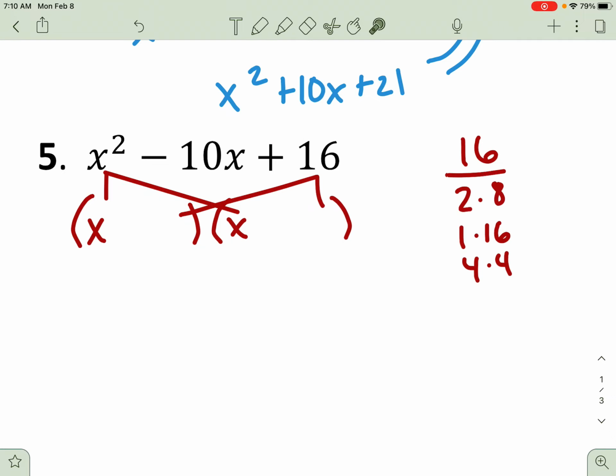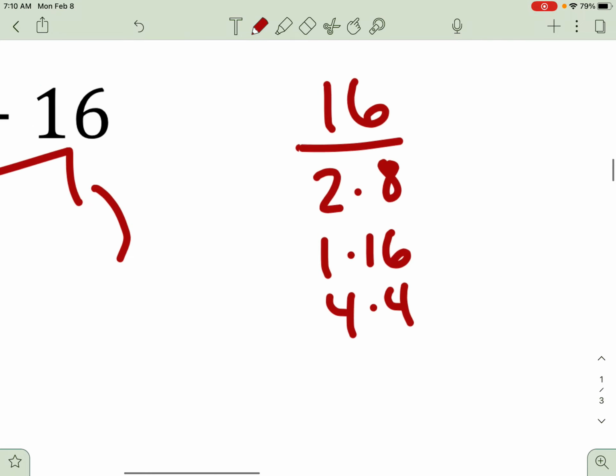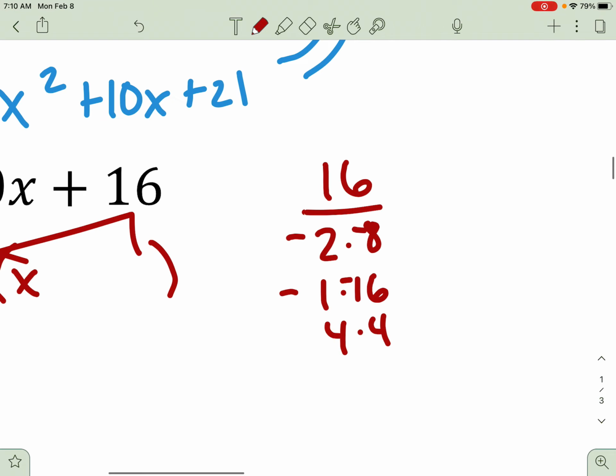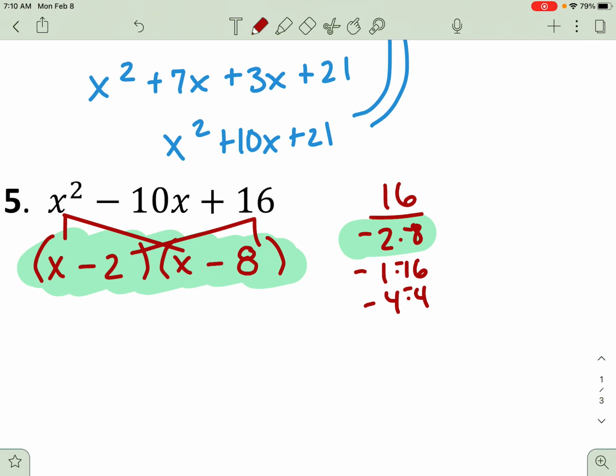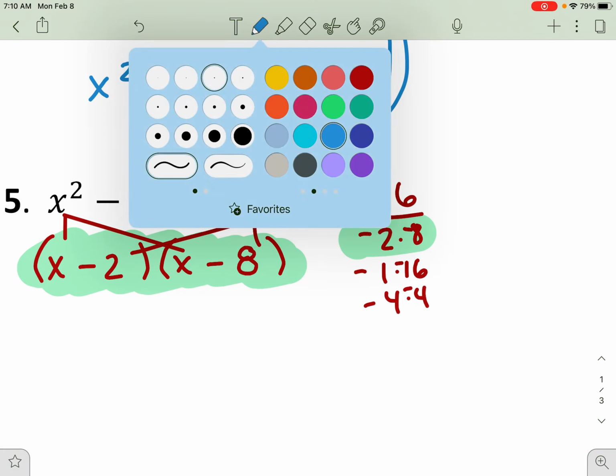Okay, which one of those gives me a negative 10? Well, there are two ways to get a positive 16. Either it's a plus times a plus or a negative times a negative, right? So these would be negative 2, negative 8, negative 1, negative 16, negative 4, negative 4. So which one of those, when you add them together, would give you a negative 10? It's this one. Okay, so those are going to be our factors, x minus 2, x minus 8. Okay, and there's our solution.